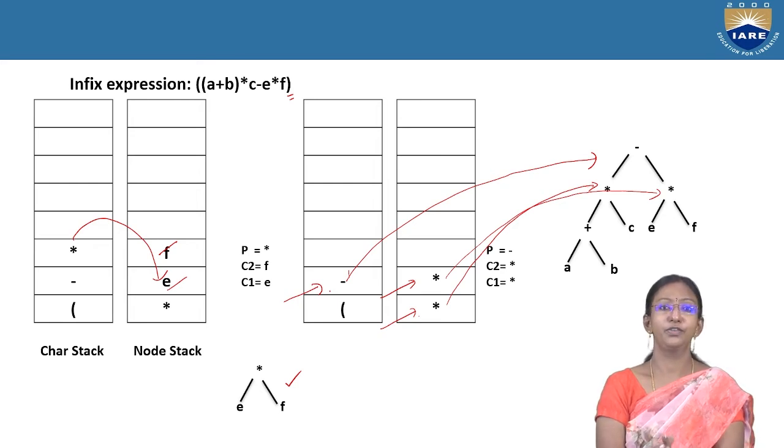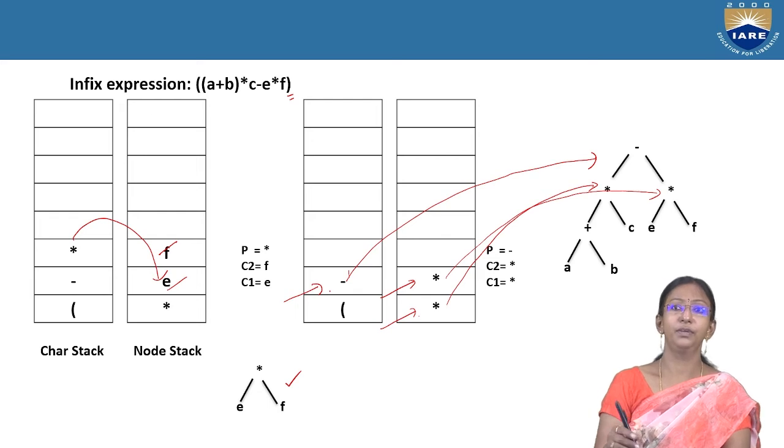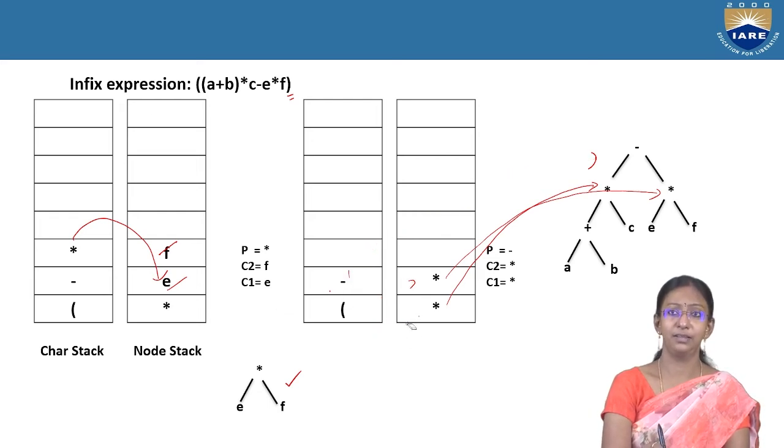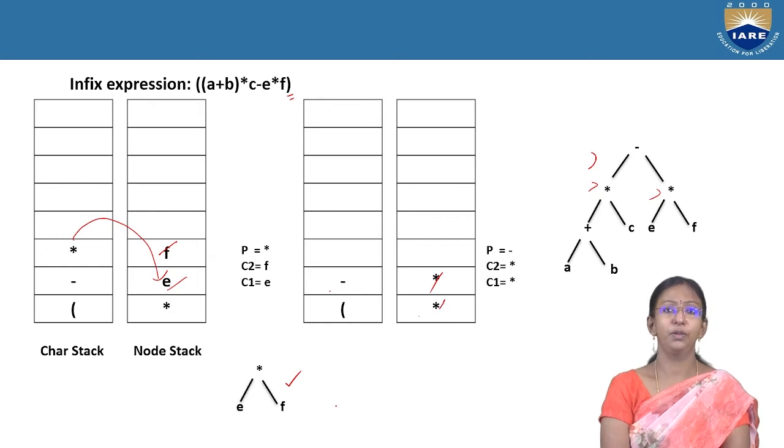And for the rest of the story, we have already constructed their children and grandchildren also. Now, once the jobs of all these guys are done, we can see that the job of the two multiplication operators is done. We are going to pop them from the node stack. Once we pop them, subtraction comes and sits in the node stack.